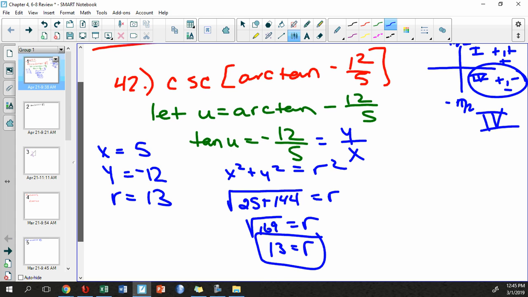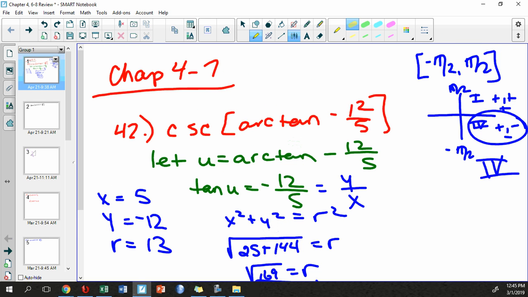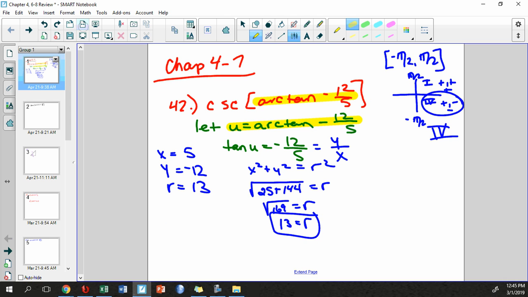Now, if you recall, I said that u is the arctan. So you know what I can do? I can make a simple substitution there. What I'm actually calculating is the cosecant of u. What is the cosecant understood to be in terms of x, y, and r?